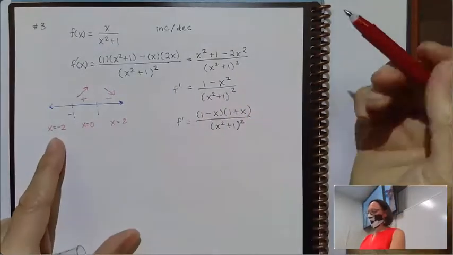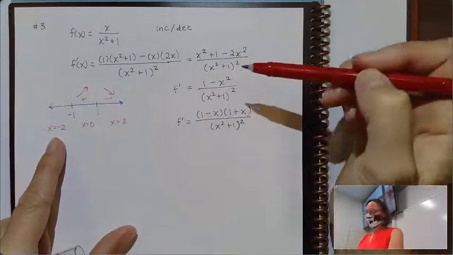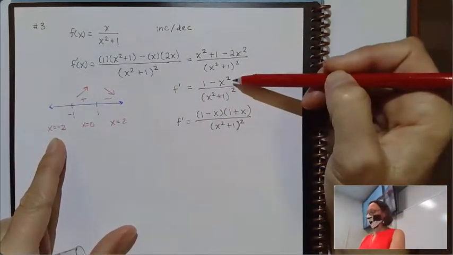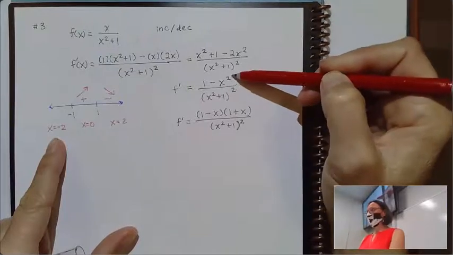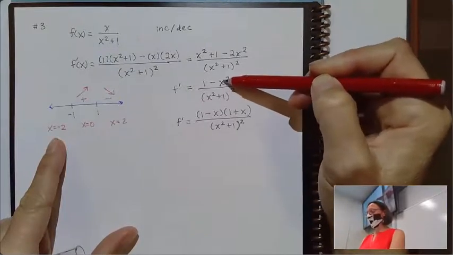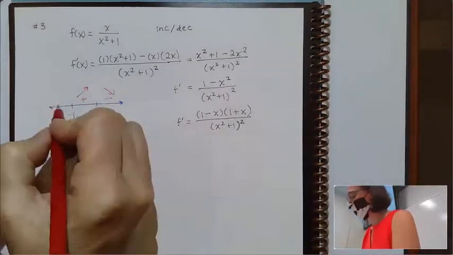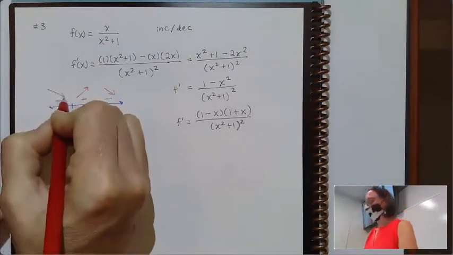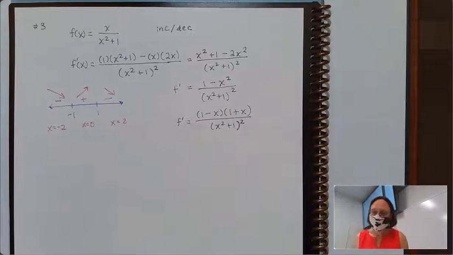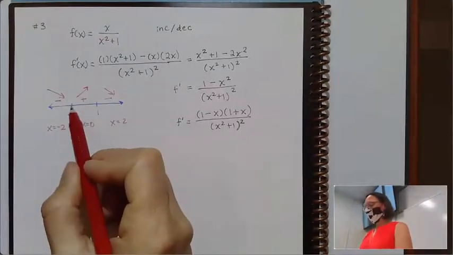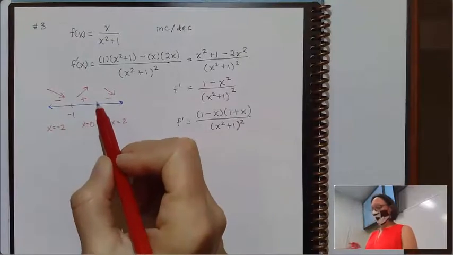And when I take x equals -2 and stick it in here, -2 squared becomes a +4. 1 minus 4 is negative again. And there we are. I don't think this question asked us to, but -1 would be a relative minimum and 1 would be a relative maximum.